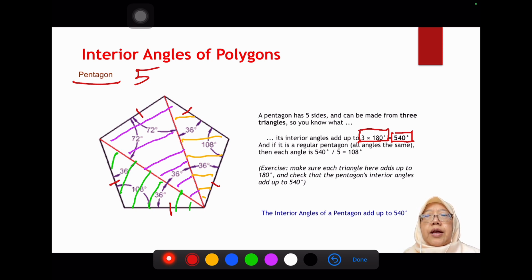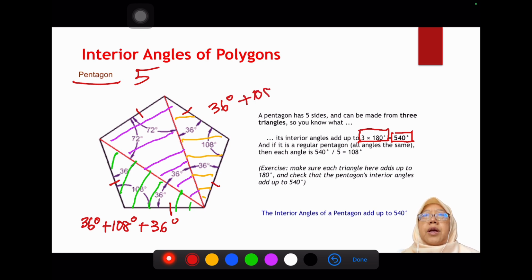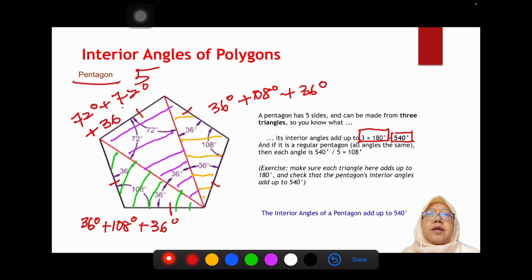For this side, we have 36 degrees plus 108 degrees plus 36 degrees. For this side it is 36 degrees plus 108 degrees plus 36 degrees as well. In the middle section, we have 72 degrees plus 72 degrees plus 36 degrees.